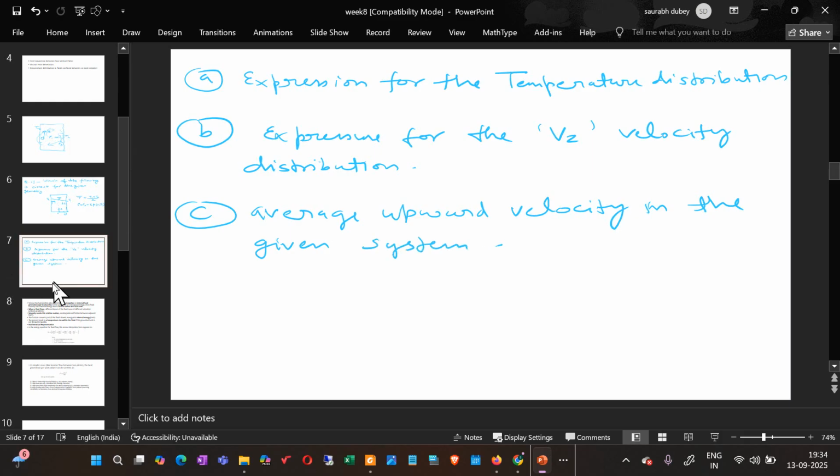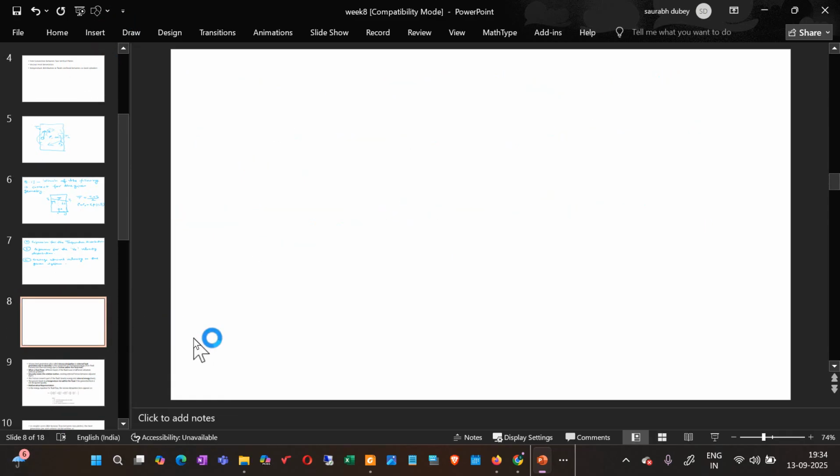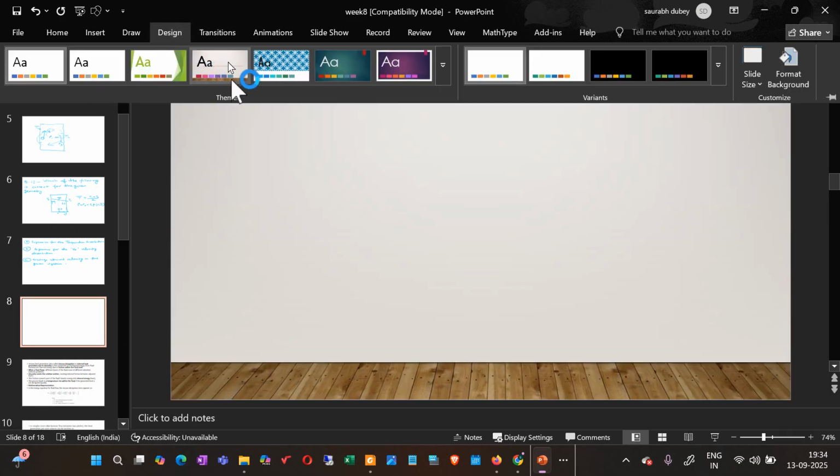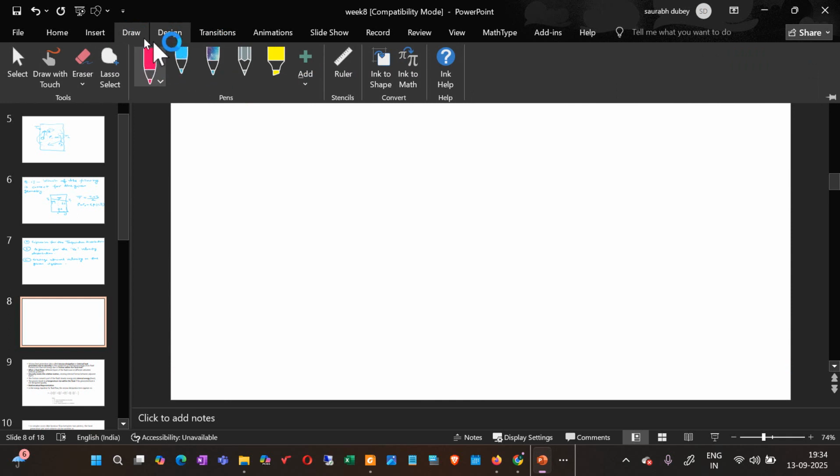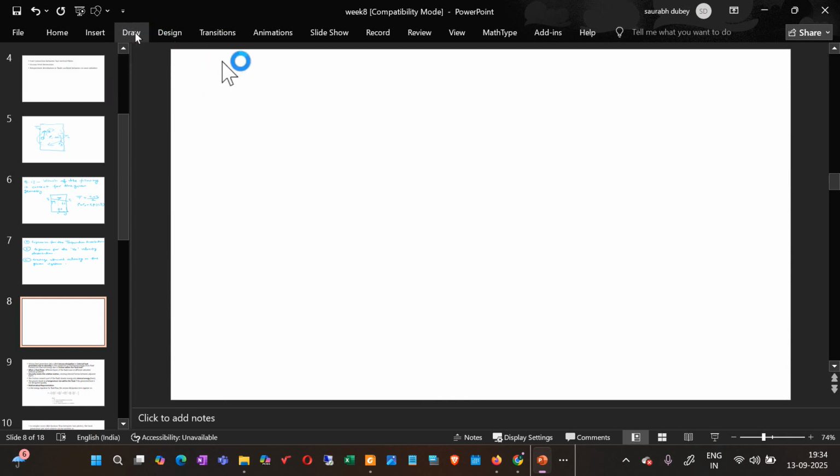Okay, so as we have seen through our discussion, let me just fix it here. We have just seen through our discussion the velocity profile and the temperature profile that we are having.